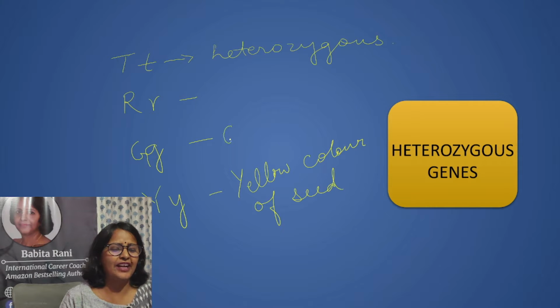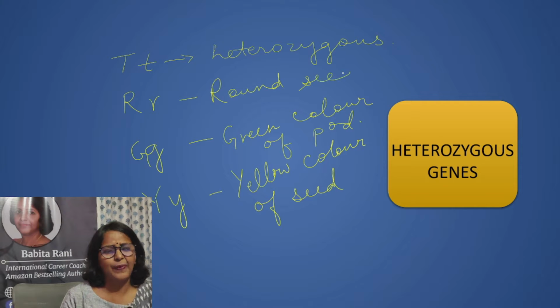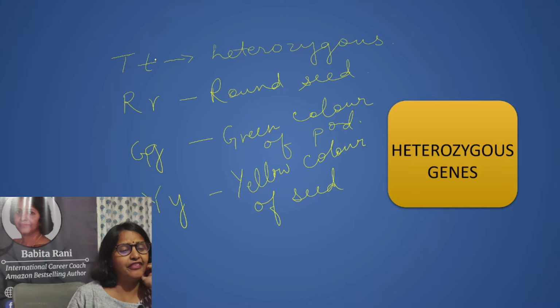Do you remember I had told you we generally confuse between green color of pod and yellow color of seed because we have same colors on both the sides. This is round seed, right?